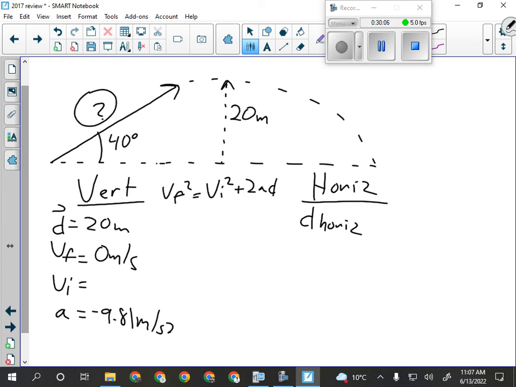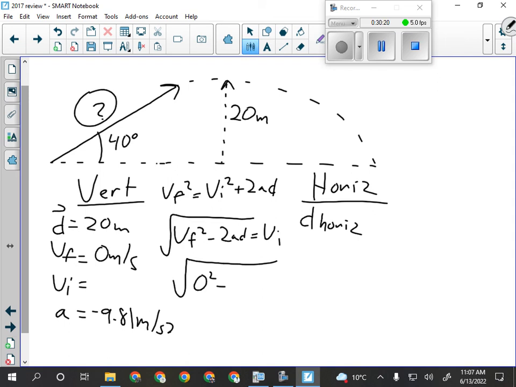Okay, and so I'm going to solve for VI. So VI equals the square root of VF squared minus 2AD. So I'm going to have the square root of 0 squared minus 2 times negative 9.81 times 20. And that will give me my initial vertical velocity.